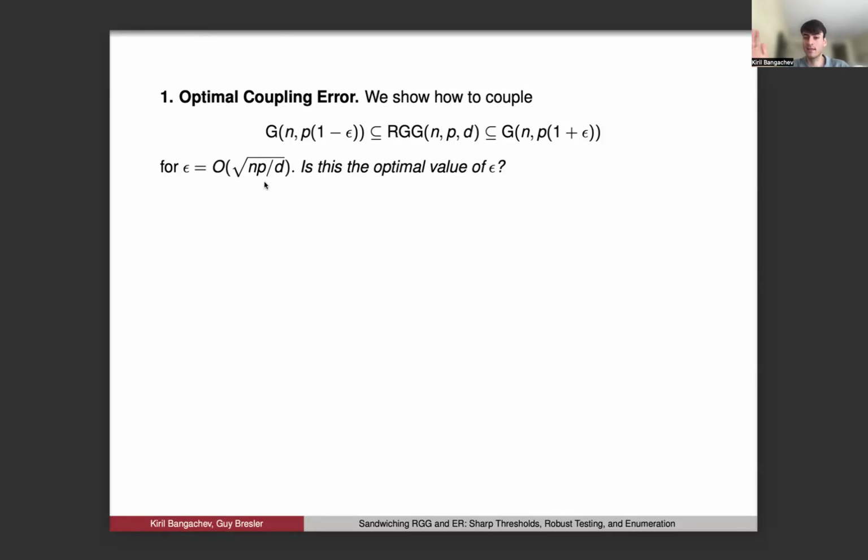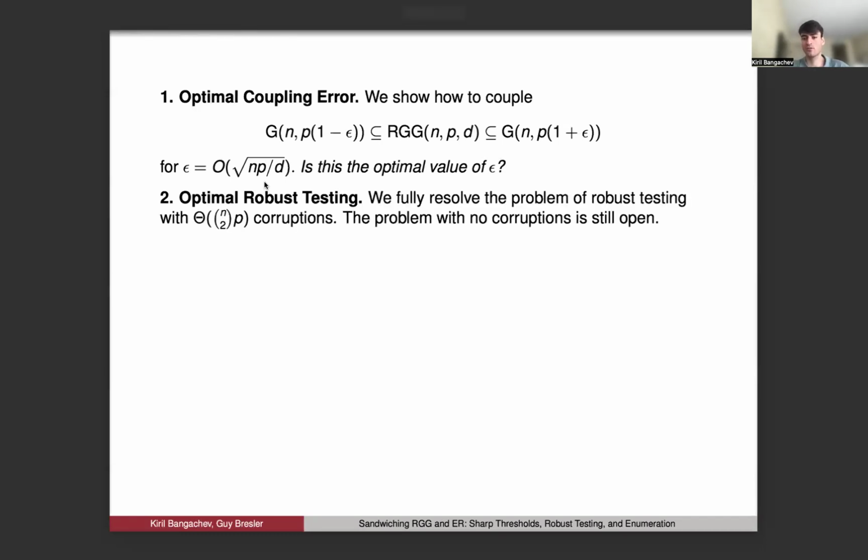How tightly can we sandwich the random geometric graph between two Erdos-Renyis? And besides being interesting on its own, this problem is actually also very relevant to the robust testing problem. So we fully resolved the robust testing problem with a constant fraction of n choose 2 times p corruptions. But we know that also the problem without any corruptions is still open.